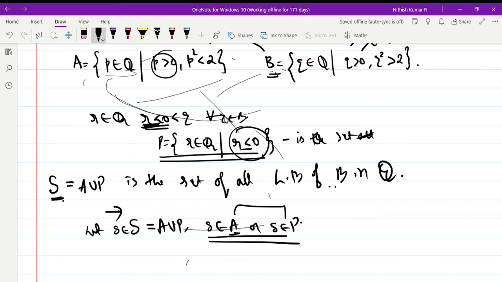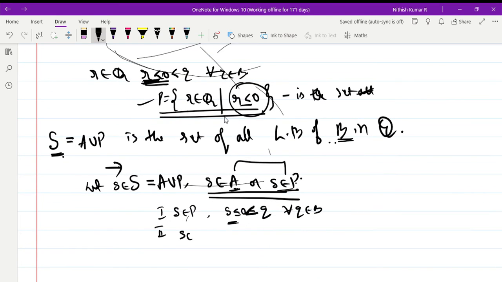Therefore, suppose case 1, s is in P, then clearly s is less than or equal to 0, but every element in B is always greater than 0. Therefore, every element of P is a lower bound. Now the second case.